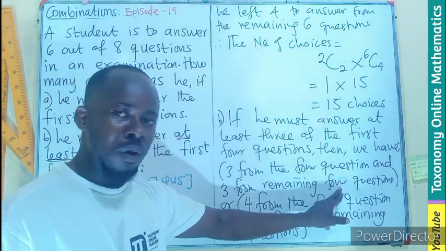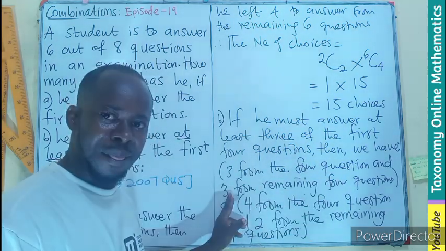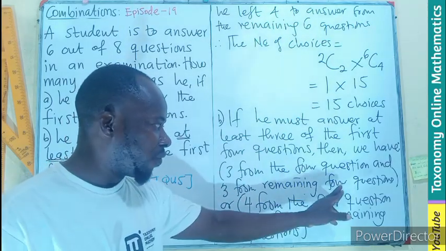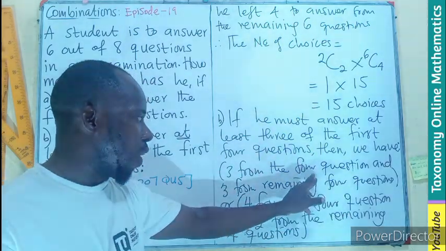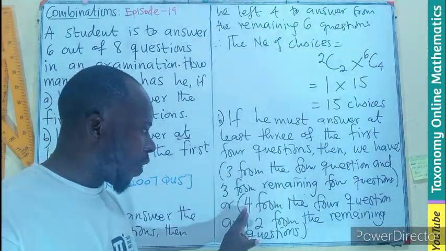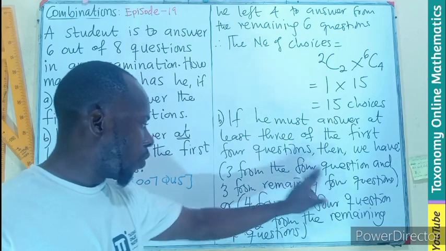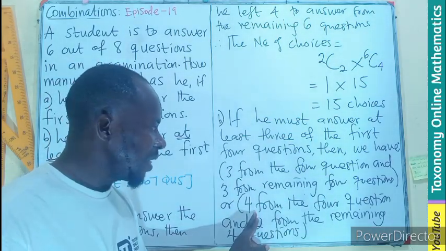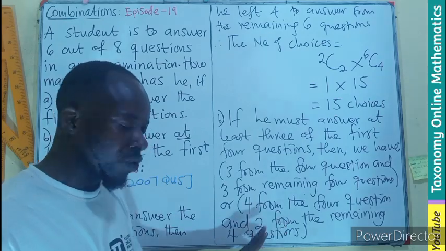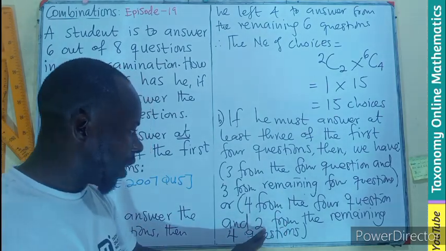It's 4 combination 3. That is in English 3 from 4, but the combination is 4 combination 3. And that is multiplication. Or 4 from 4, meaning 4 combination 4, which is multiplication. Then we have what? 4 fourths, right? So we are left with 2 and what?